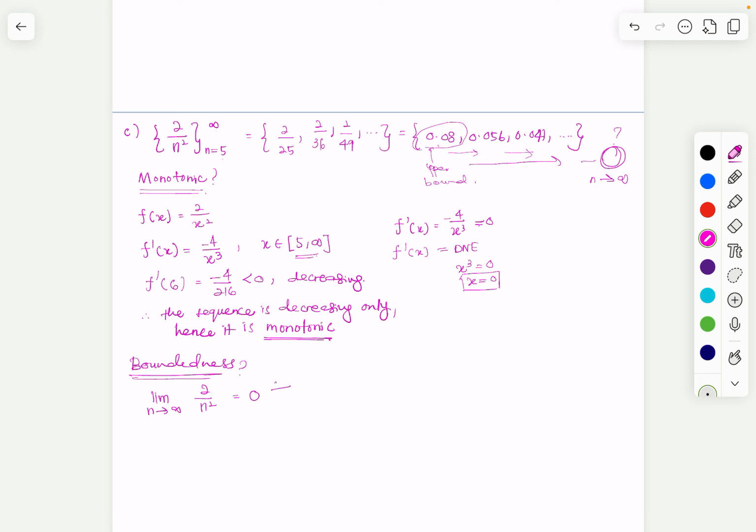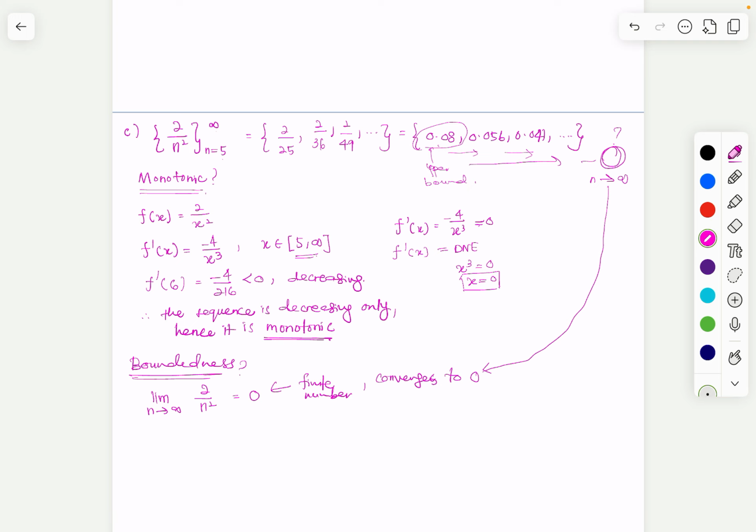So 0 is a finite number. Therefore, you can say this sequence is also convergent, or converges to 0, sorry. And you know that the last term goes to 0 as it goes to infinity, so this sequence is bounded below.